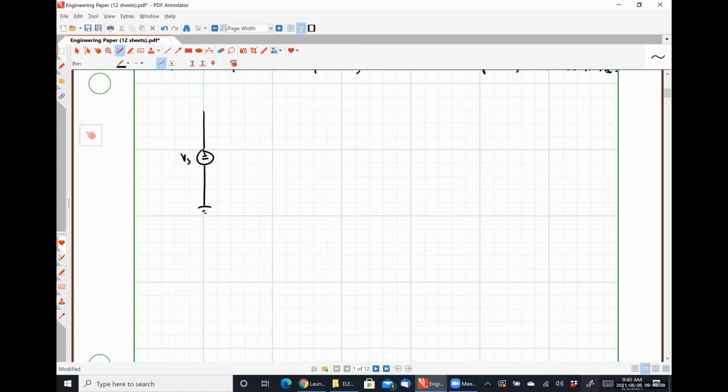Here's my source voltage. There's my error signal. Here's my resistor R1 over which my feedback signal is applied.